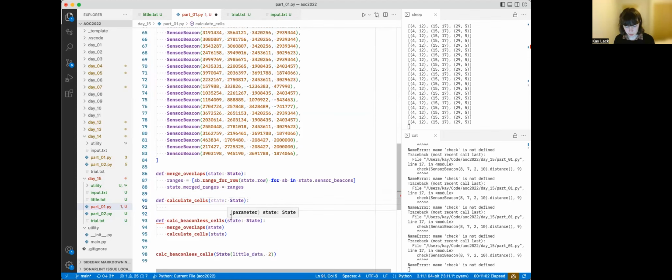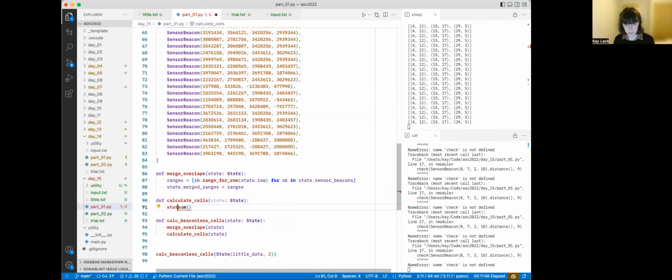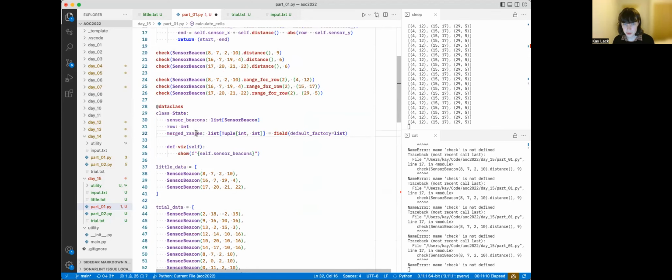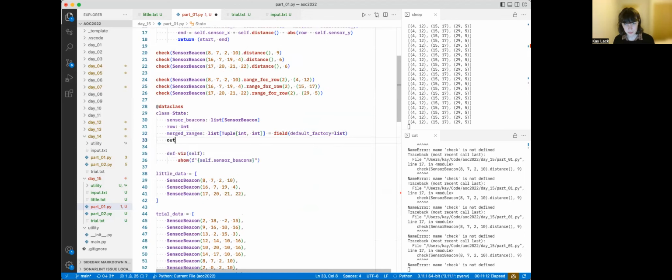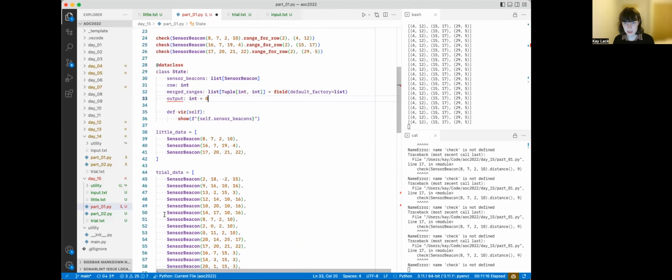This, I'm going to go through each range. That can be 0 initially.